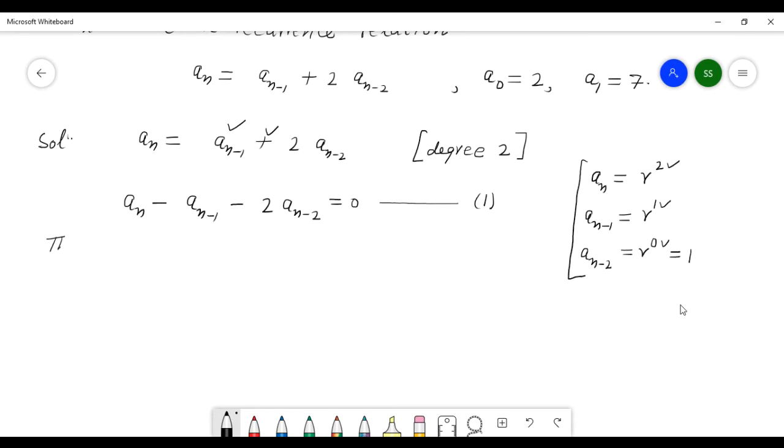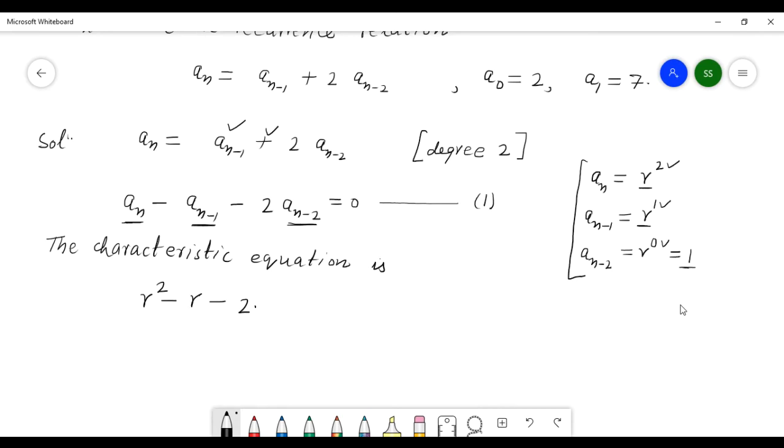Now write the characteristic equation. Replace this: a_n means r squared, then minus a_(n-1) becomes r to the power 1, and then minus 2 times r to the power 0, which is 1.